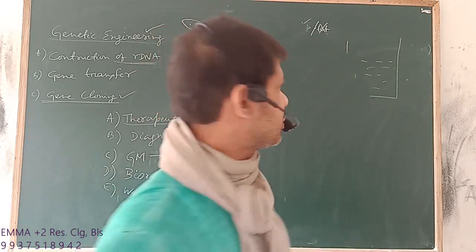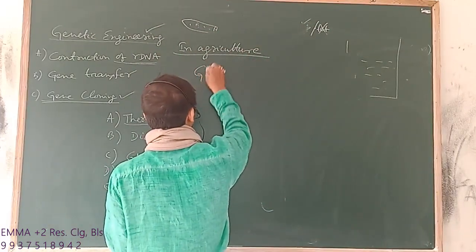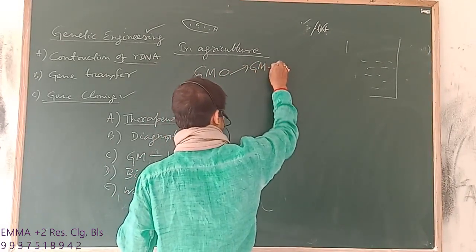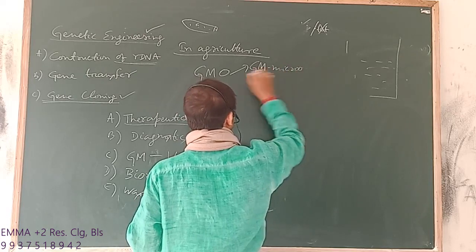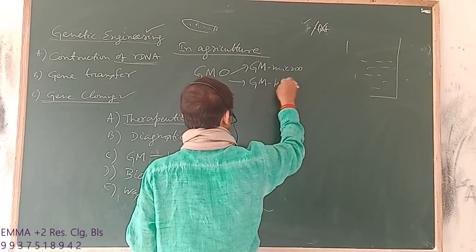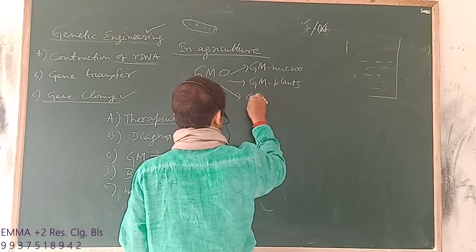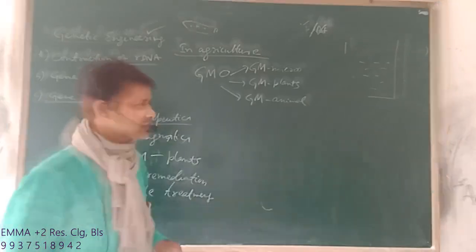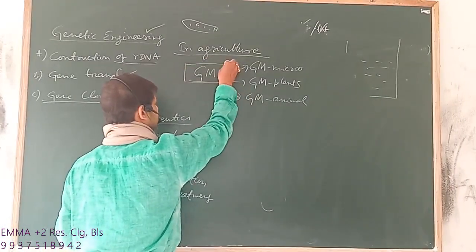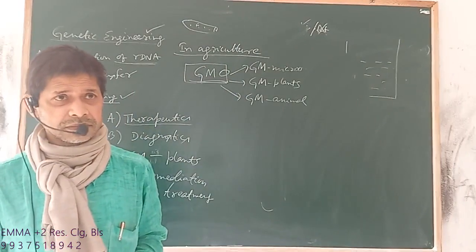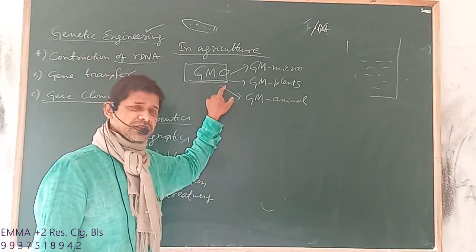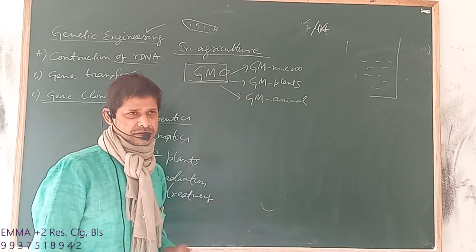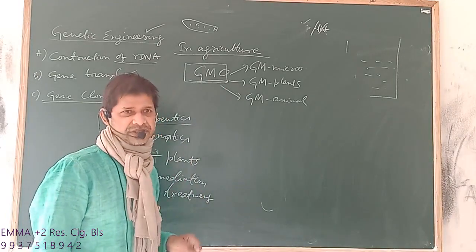What do you mean by genetically modified organism? That can be of three types: genetically modified microorganisms, genetically modified plants, or a genetically modified animal. All are together known as genetically modified organisms. So a genetically modified organism is the organism having an alien gene and expressing the alien gene.